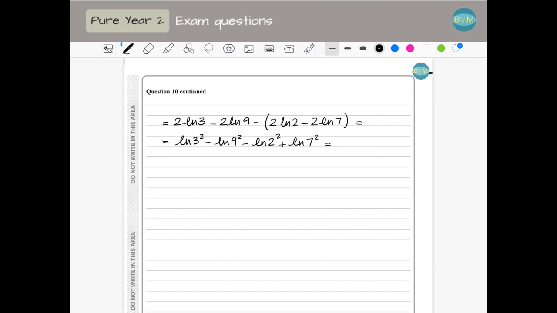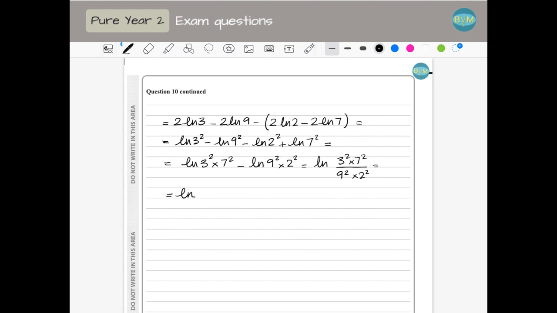So what I'm going to do now is put in the numerator the positive ones, which is ln of 3 squared times 7 squared, and then the negative ones I can put together, minus ln of 9 squared times 2 squared, just using the properties of the logs. Which means this is ln of 3 squared times 7 squared divided by 9 squared times 2 squared.